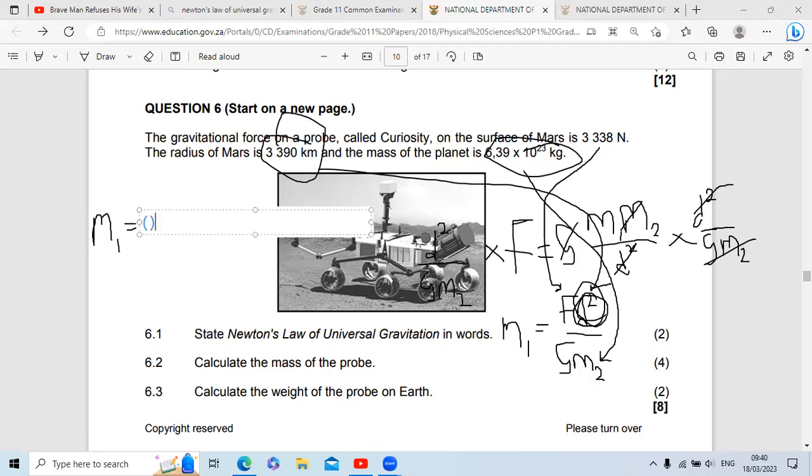It's going to be something like this. Three, and then all of this 3390 is going to be to the exponent of 2. So this basically shows that it's going to be like here when I use this arrow.